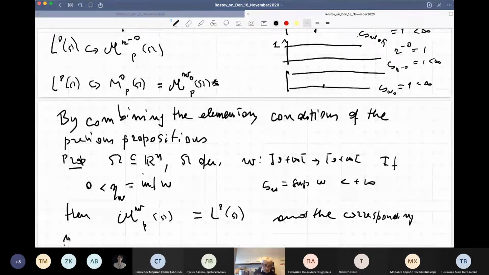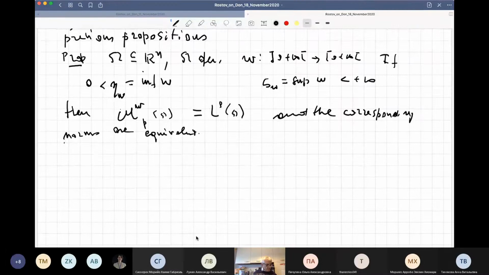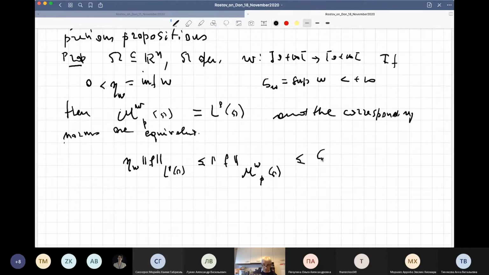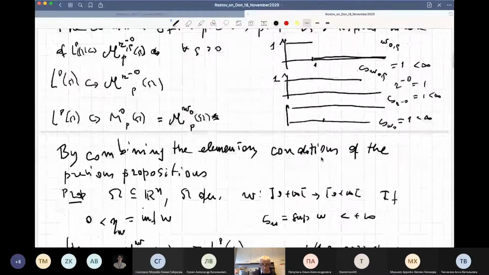Norms are equivalent. Okay. Moreover, if you wish to remember the inequalities that we gave before, eta W times the L P omega norm of F is less than or equal to the Morrey norm. That's the inequality on the other side, which is really the inequality we have here. We proved it a few seconds ago.